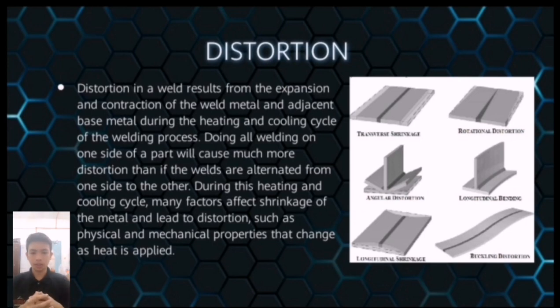What is distortion? Distortion is a weld result from the expansion and contraction of the weld metal and adjacent base metal during the heating and cooling cycle of the welding process. Doing all welding on one side of a part will cause much more distortion than if the welds are alternated from one side to the other.